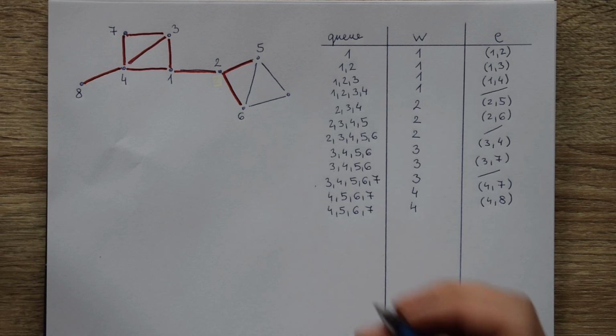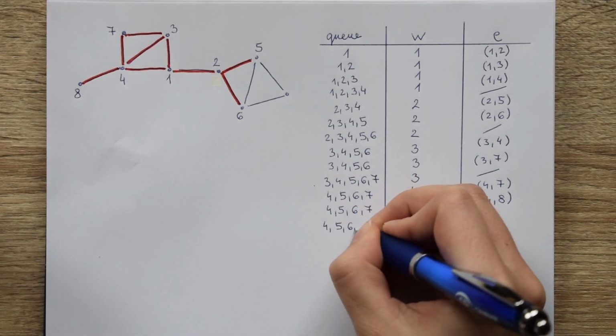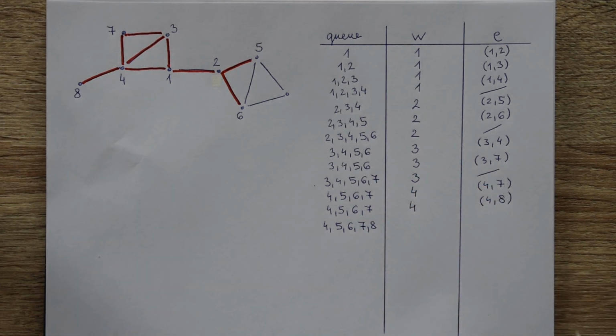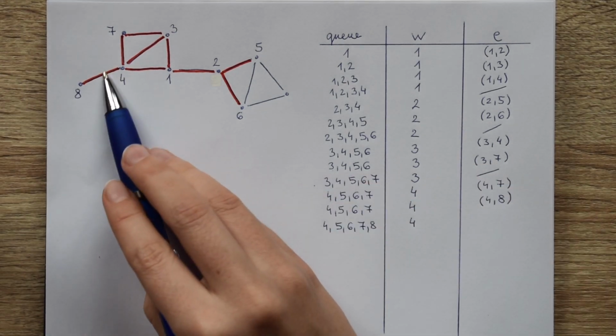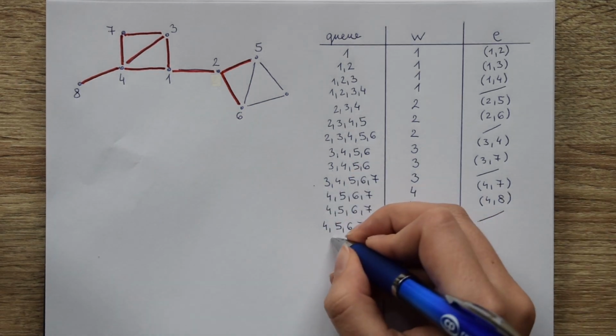And I add node 8 to Q. I'm still discussing the first node in Q, it's 4. But there isn't any unmarked edge and node I can get from node 4 in one step. So I remove node 4 from Q.